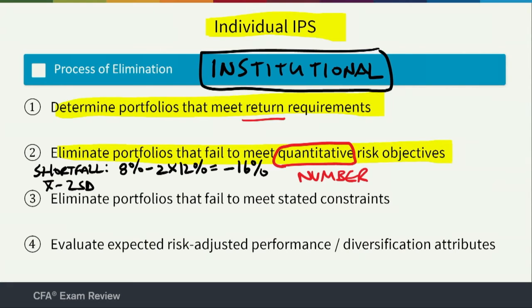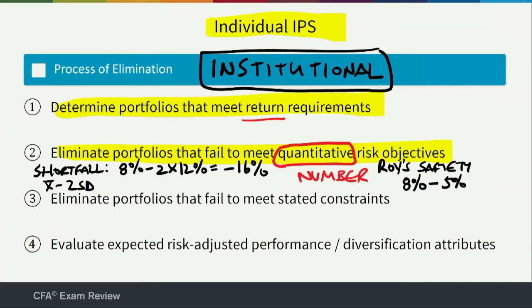Another thing that we should be looking for would be Roy's safety first criteria. That is another potential measure. So if we take the same number for this particular investor, maybe they say, look, the portfolio has an expected return of 8%. I'm going to be very unhappy with a return below 5%.